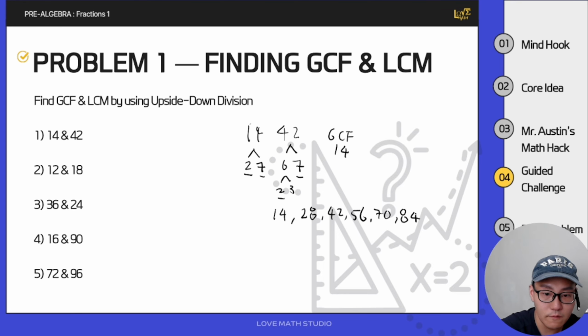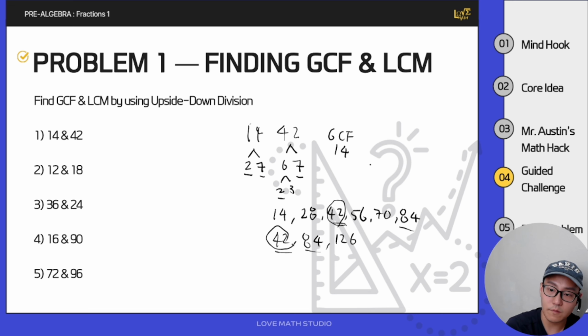And for 42, it's 42, 84, and 42 times 3 is 126, etc. So if you see there are common multiples here, we have to find the least common multiple, the smallest same number, which is 42. So the least common multiple is 42.